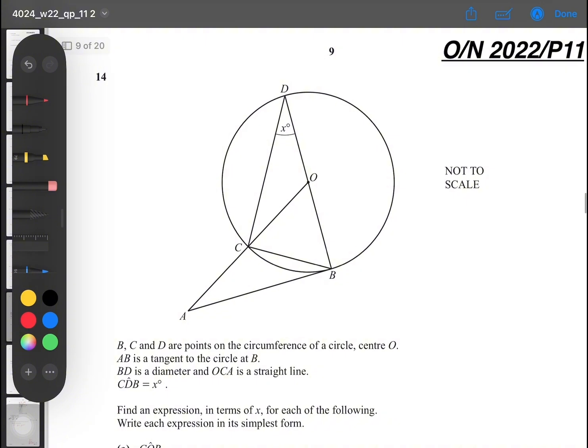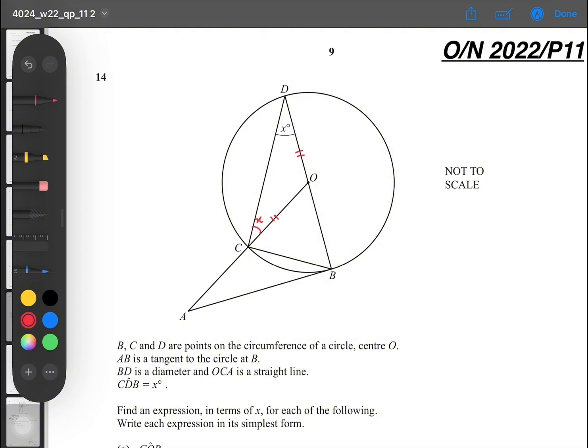So if we see the triangle OCD, angle D is x. So these are the radii of the circle. So this angle must be equal to x.